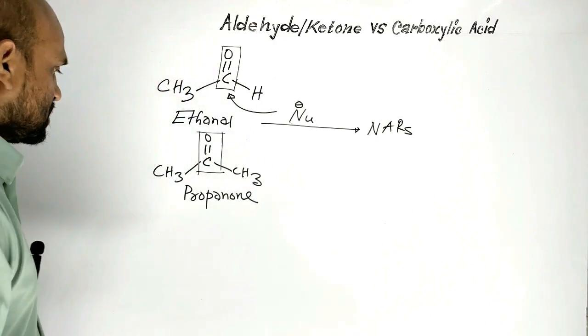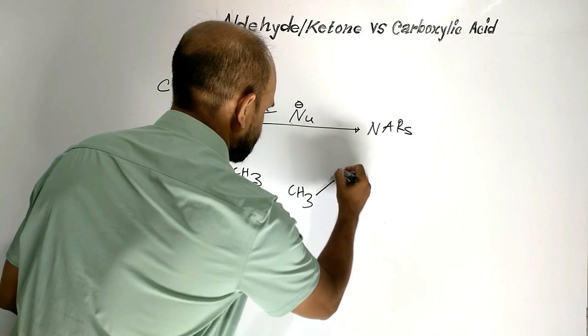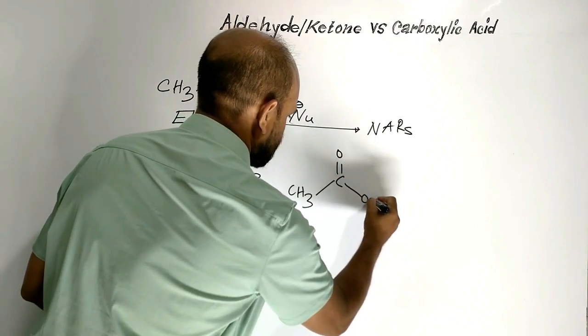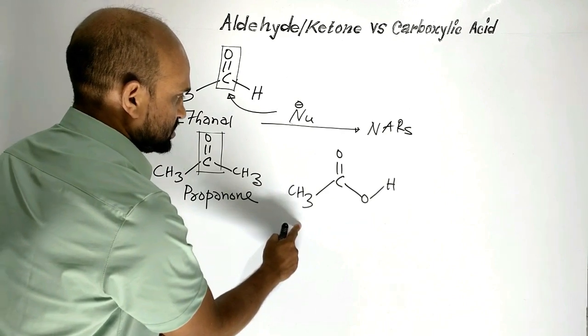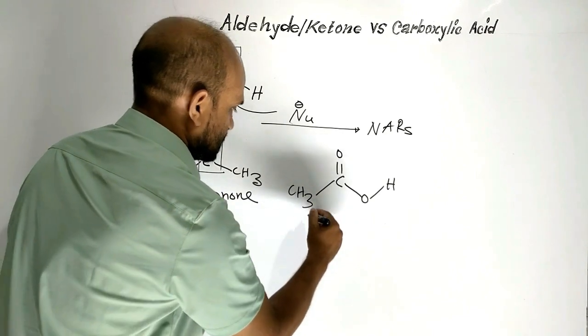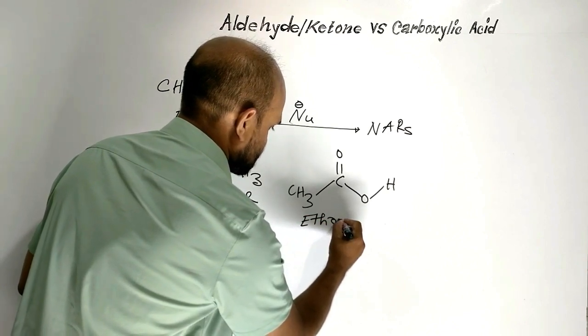But carboxylic acid, for example, this one. This is carboxylic acid, which is acetic acid. This is also known as ethanoic acid.